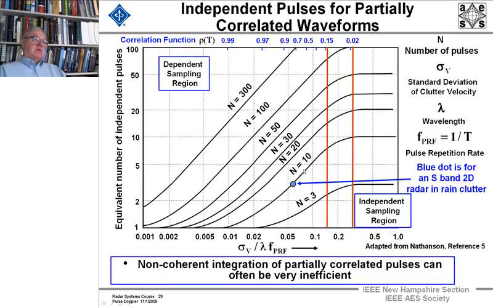If you have n pulses and you integrate them, what you're only going to get is an equivalent number of 4. This is a log scale. Approximately 4. You're going to have a 3 dB loss due to the correlation.